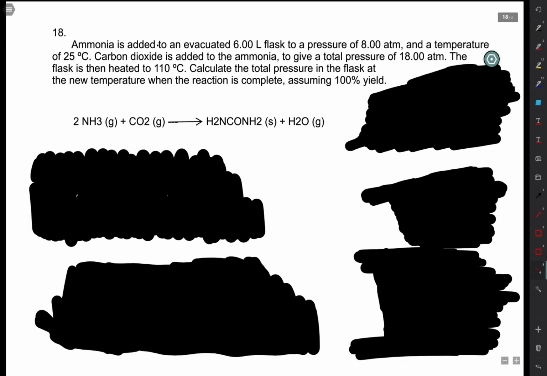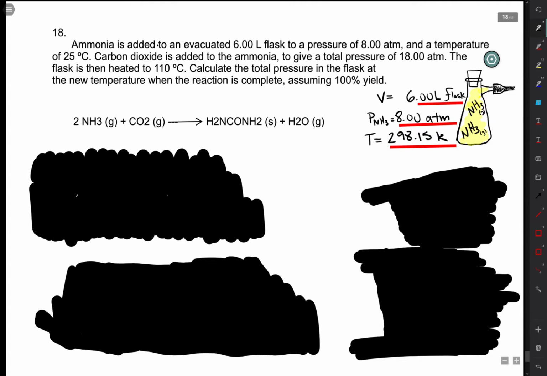So we're given ammonia gas and carbon dioxide gas to create urea, solid, and H2O gas. Here we can see that NH3 was added into the flask. The volume is 6.00 liter.